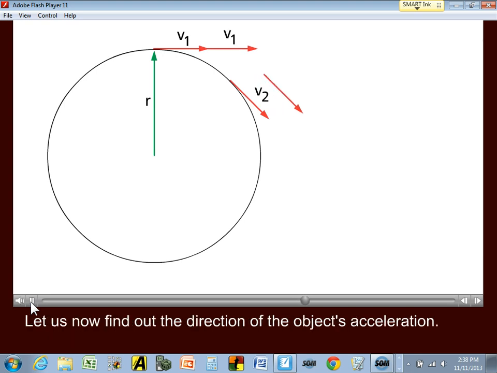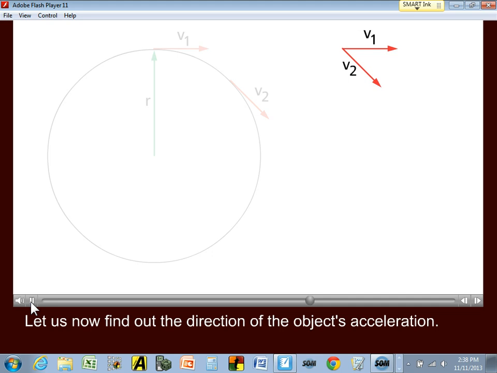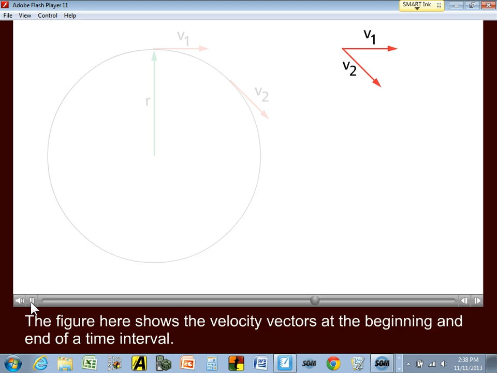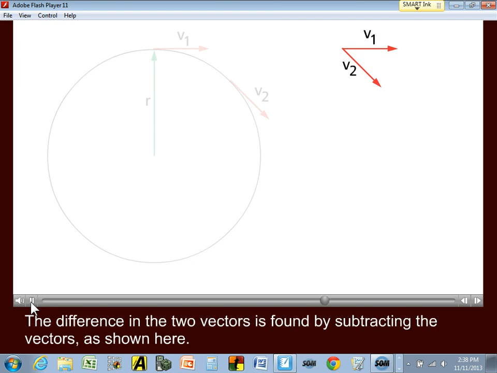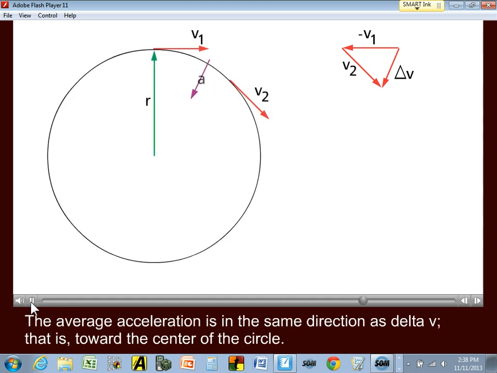Let us now find out the direction of the object's acceleration. The figure here shows the velocity vectors at the beginning and end of a time interval. The difference in the two vectors is found by subtracting the vectors, as shown here. The average acceleration is in the same direction as delta v, that is, toward the center of the circle.